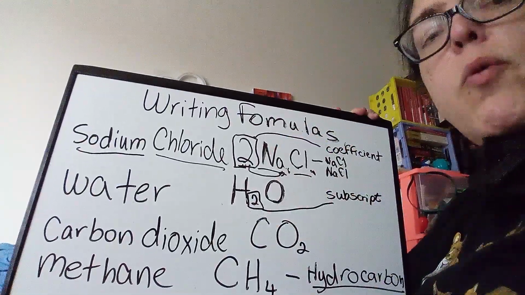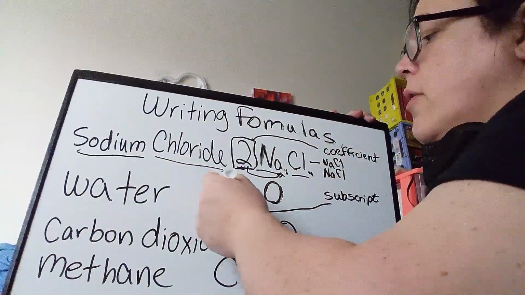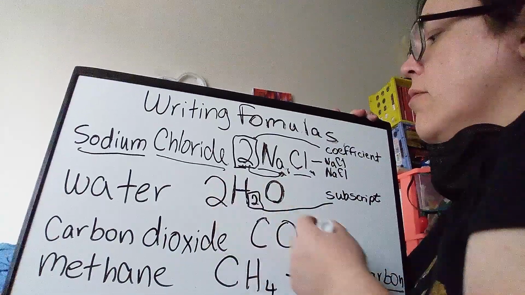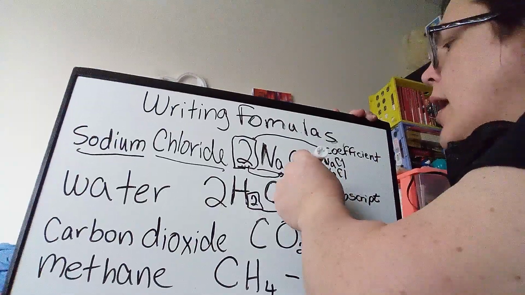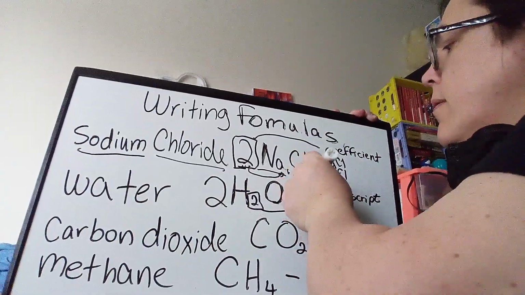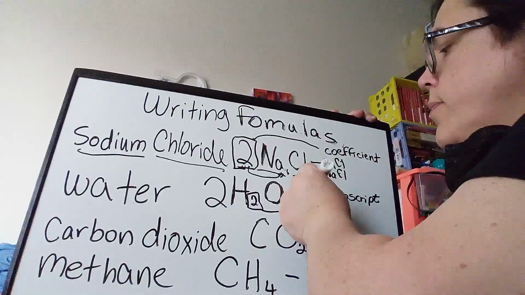So yeah, we're correct. If we do the same with water, if we put a 2 in front of water, now we're saying that we have 2 molecules of water. So I will visualize 2 little molecules of water, H2O, H2O.